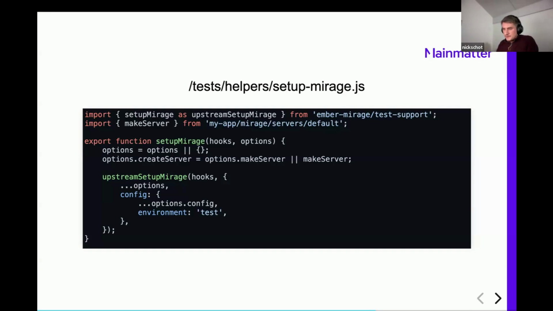And we call the upstream setupMirage with this configuration. And we also need to make sure that we set the environment to test in this case. This is not done automatically. Since this is a test helper, the environment should always be test, I think. That's why I explicitly passed it here.